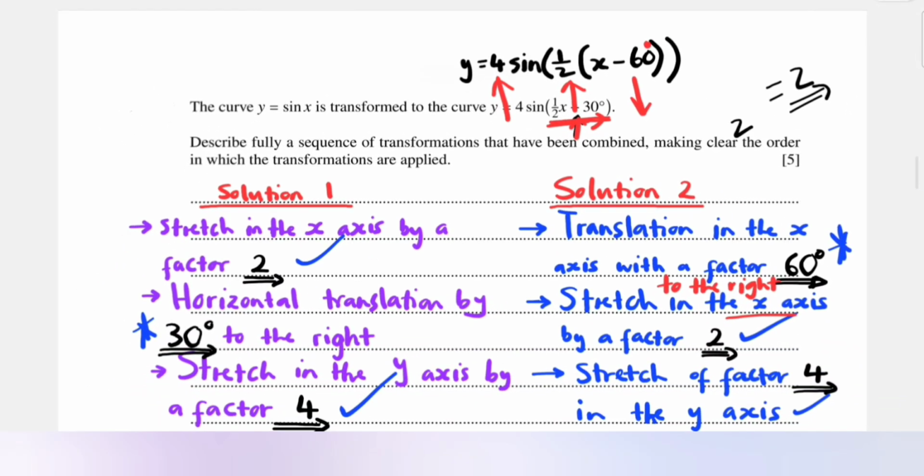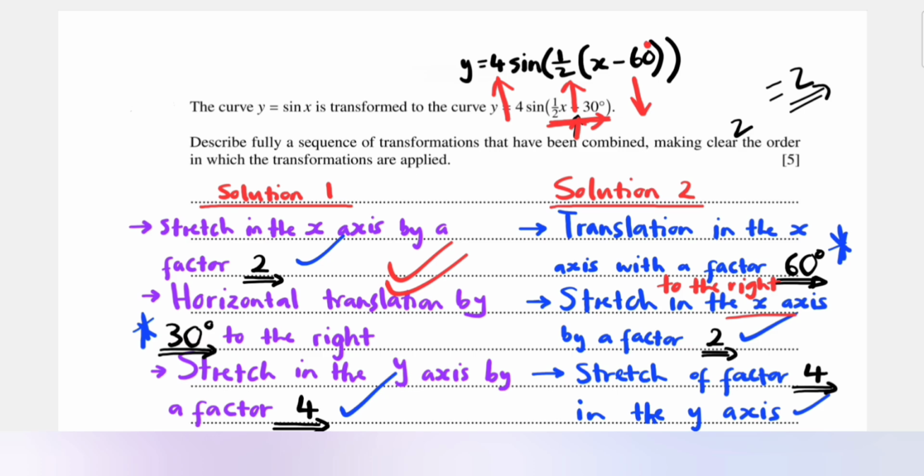As you saw here, you can easily get solution 1. So factoring makes the structure of the transformations transparent, and it allows you to apply the transformations in the correct logical order. So go with solution 2.